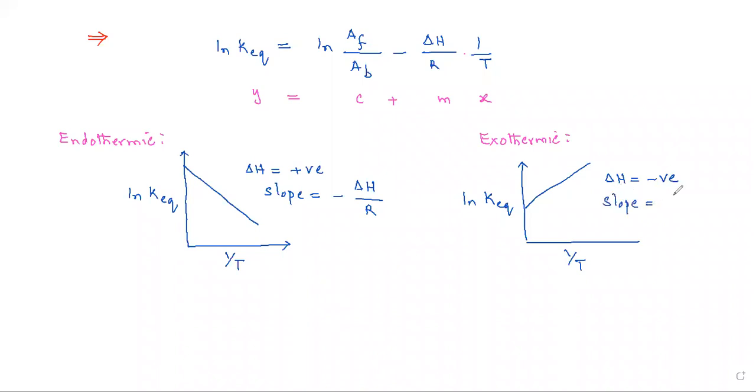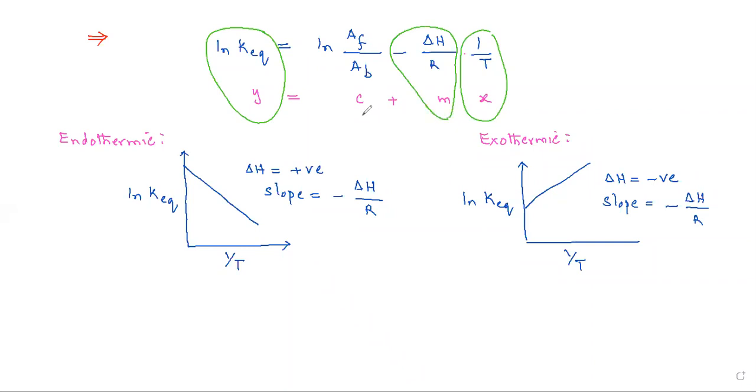Slope, of course, is the same, minus delta H by R. Clear from this expression. This is Y. This is X. And this is the slope. And this is, of course, the y-intercept.